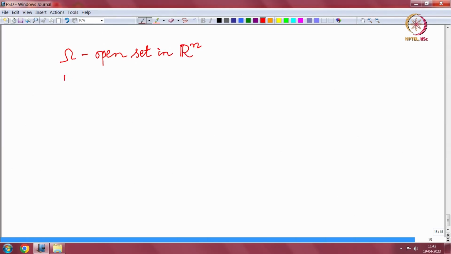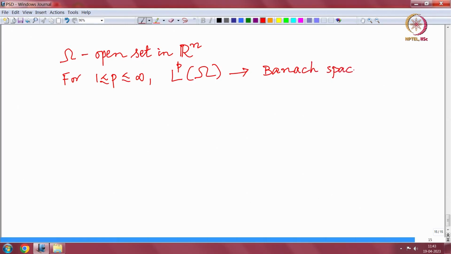So, for 1 less than p less than or equal to infinity, we discuss this space LP omega. These are all Banach spaces. So, we can use the tools from functional analysis as and when required.